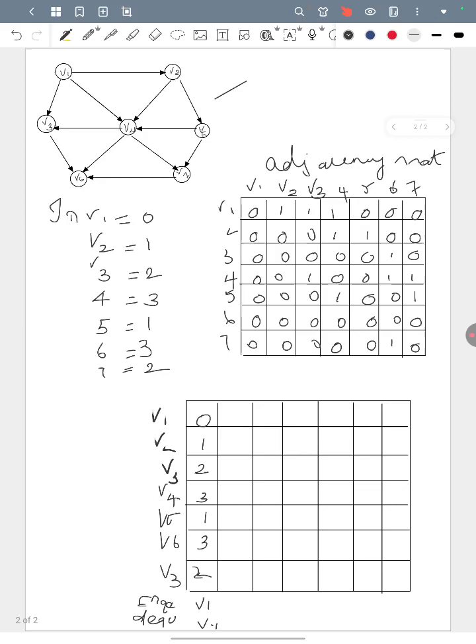Okay, next, if we remove this V1 from the topological sort, we again calculate the in degree for all the vertices.